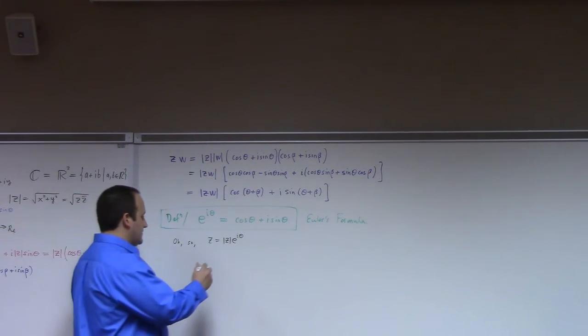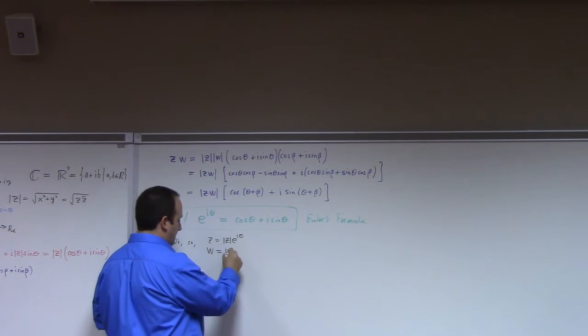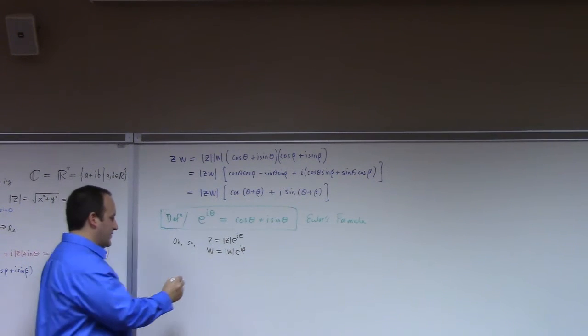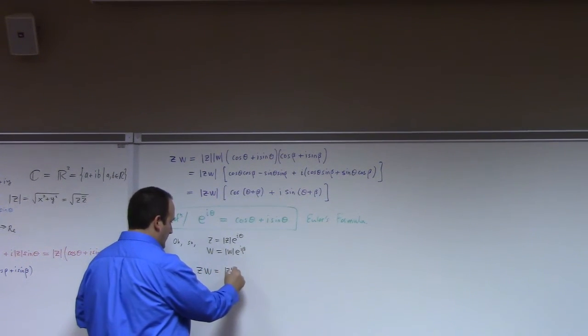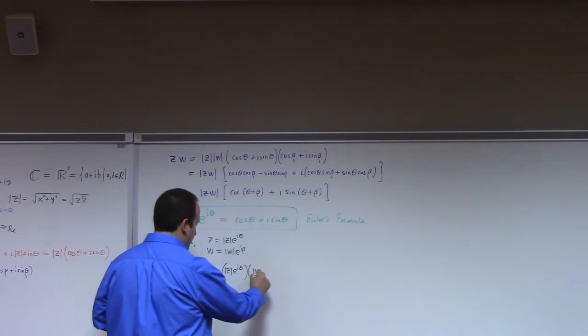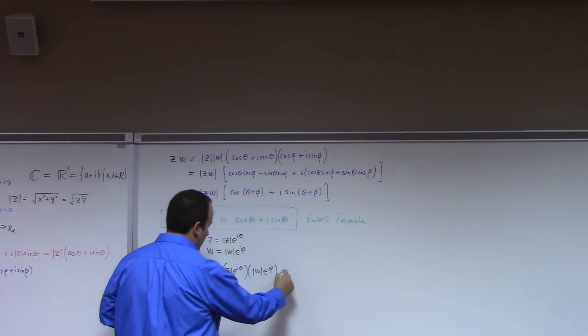And what else do we have? Likewise, w. See that? So what does it look like then? We've got zw is modulus of z e to the I theta, modulus of w, e to the I beta. And what happens when we multiply them?